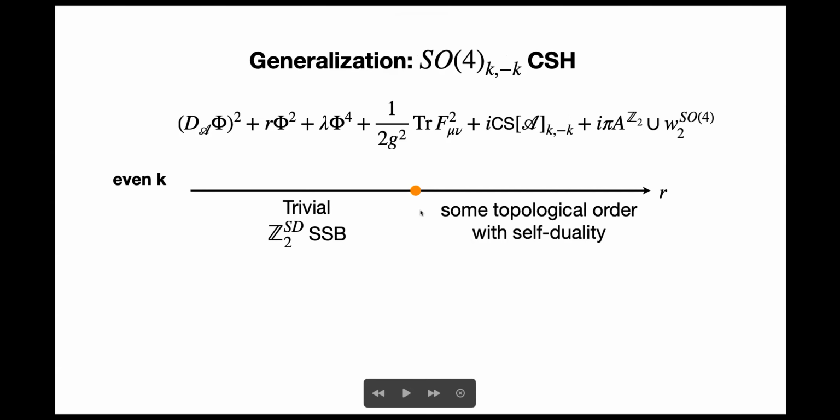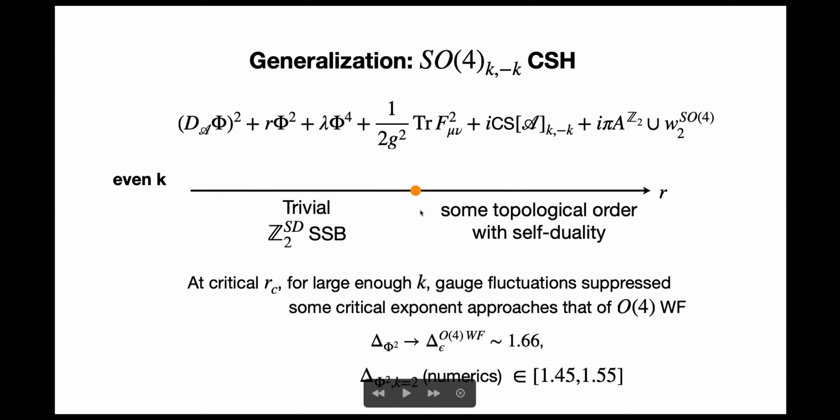When k is even, you will find that this Z2 flux conservation symmetry always permutes some anyons in the low energy theory, so it always acts as a self-duality symmetry. And the phase diagram is very similar to the k equals 2 case. It's a transition into a Z2 symmetry broken phase with trivial topological order.